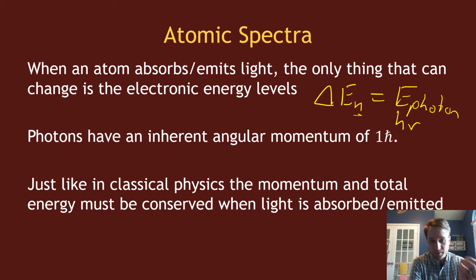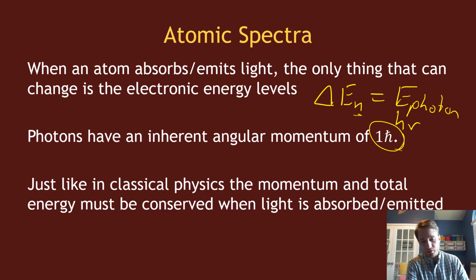The other thing that must be conserved is angular momentum. Photons, like electrons, have an inherent angular momentum. Photons' inherent angular momentum is 1 h bar. Electrons is 1/2 h bar. Again, we must conserve total energy as well as total momentum and angular momentum.